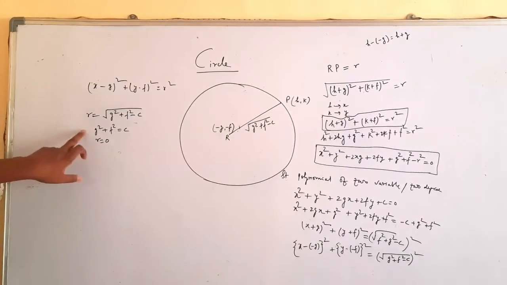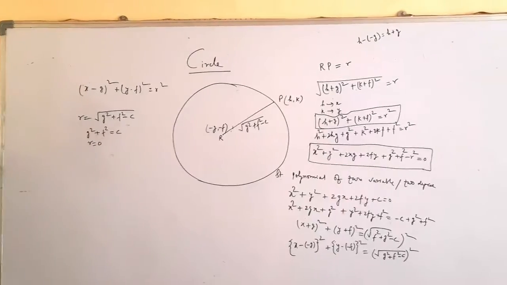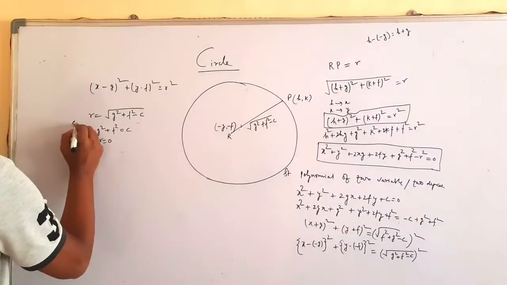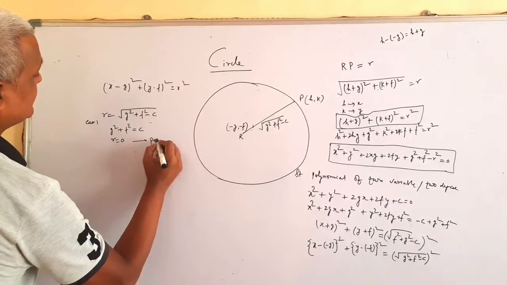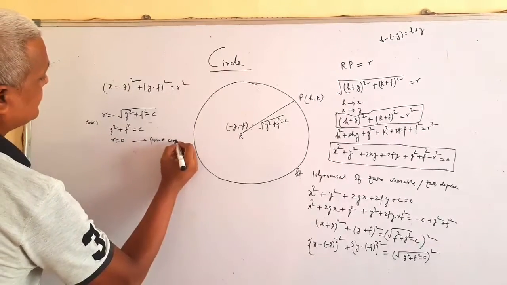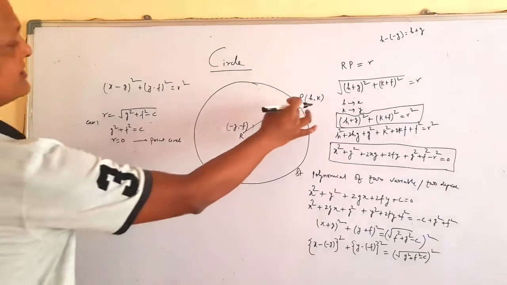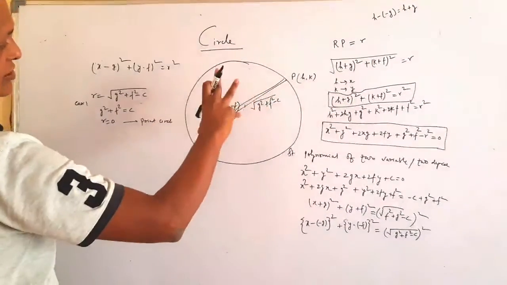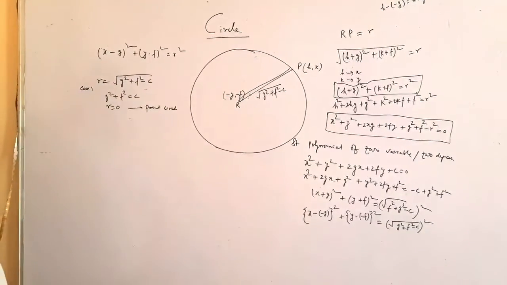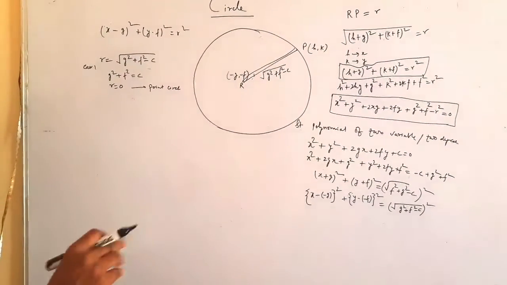This is case 1, and this will become a point circle. A point circle is a circle where the whole circle squeezes to a point, so it will just have a coordinate and the radius will become 0.